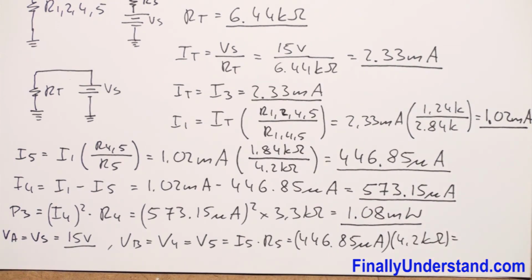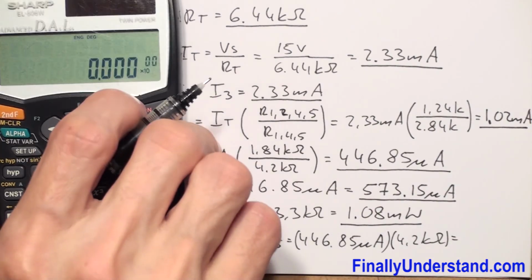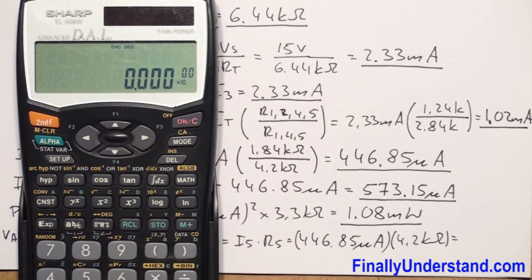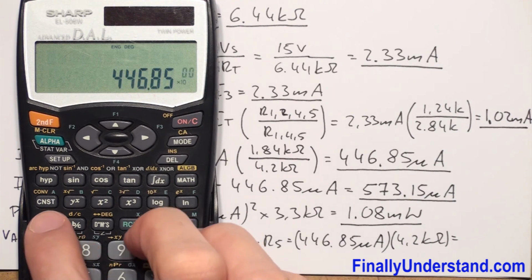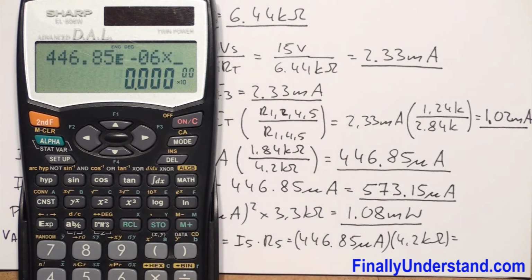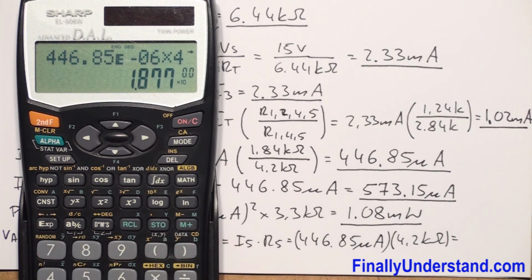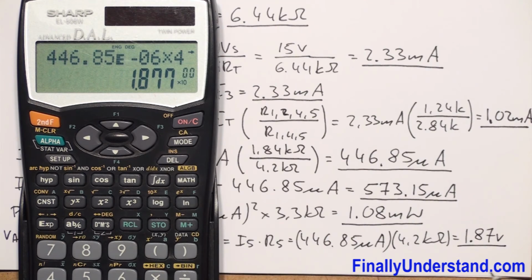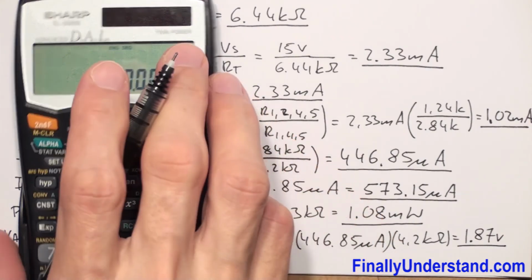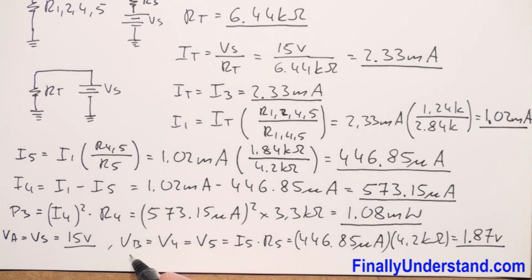So this is equal to 446.85 exponent 6 negative times 4.2 exponent 3. This is equal to 1.87 volts. This is voltage B, VB.